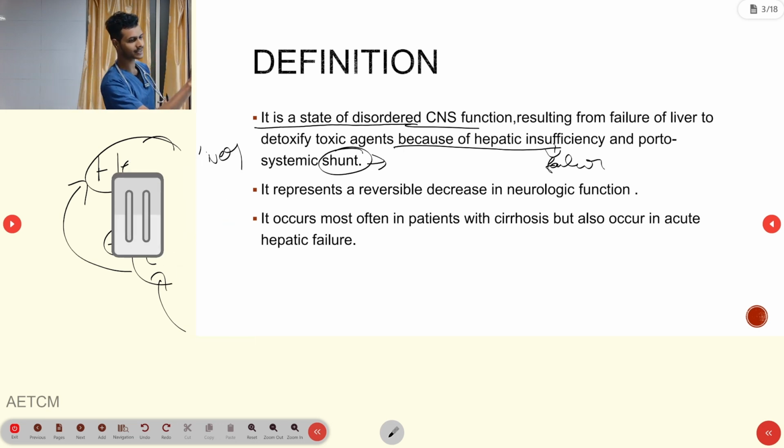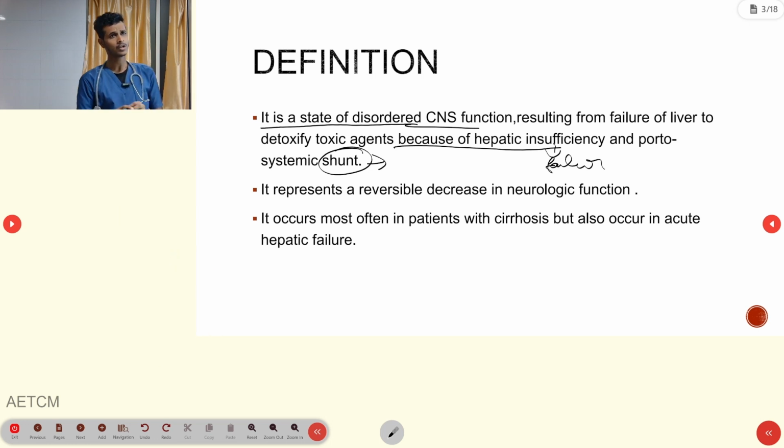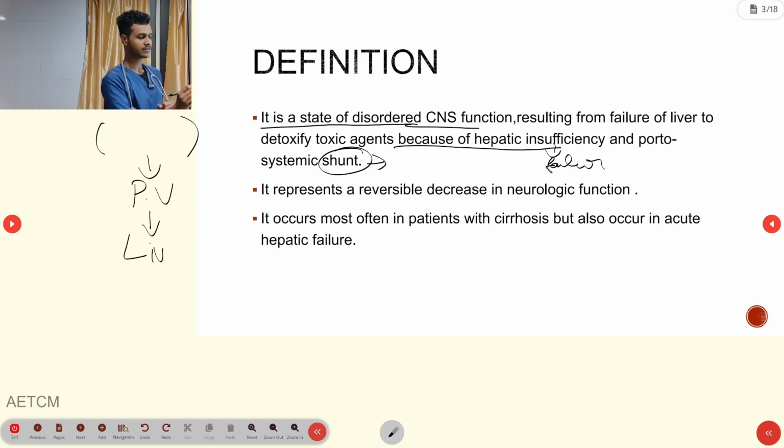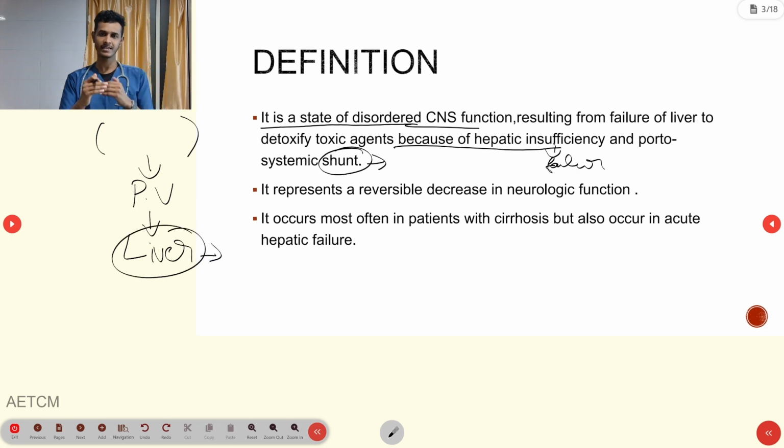To easily understand this concept, rewind and remember the gastrointestinal venous circulation. All the blood in your gastrointestinal tract drains into the portal vein, and from the portal vein it reaches your liver. In the liver, what will happen? The liver will detoxify the blood.